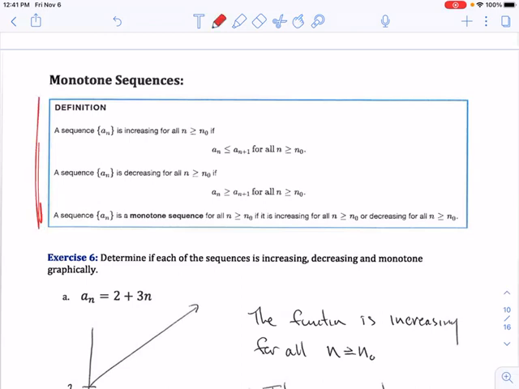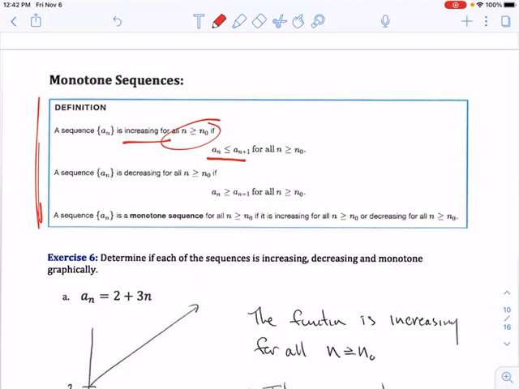It's right here. A sequence is increasing for all n greater than some arbitrary n sub 0 if a sub n is always less than or equal to a sub n plus 1. In other words, every term of the sequence is greater than the one before it.